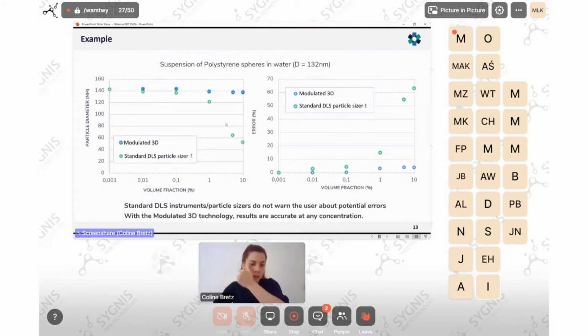At high concentrations, the size that you detect is completely different from the expected nominal size. On the contrary, when using modulated 3D light scattering, the size stays the same across the range of concentrations measured. So you have errors appearing at high volume fractions with standard DLS, which we don't see in modulated 3D light scattering.